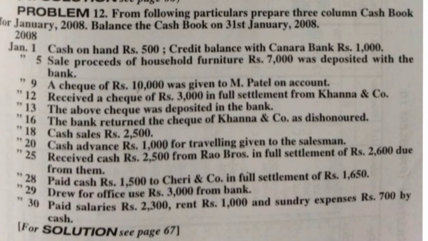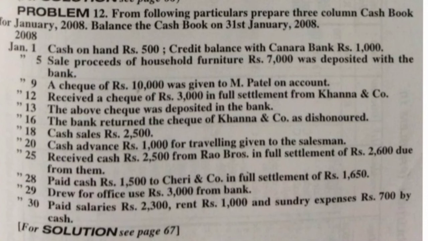For bank we need to have a debit balance, which is the normal balance. If we have a credit balance, it is called an overdraft balance. Cash on hand will come on the debit side, to balance brought down, cash column 500. Credit balance with Canara Bank rupees 1000 will come on the credit side, by balance brought down, bank column rupees 1000.